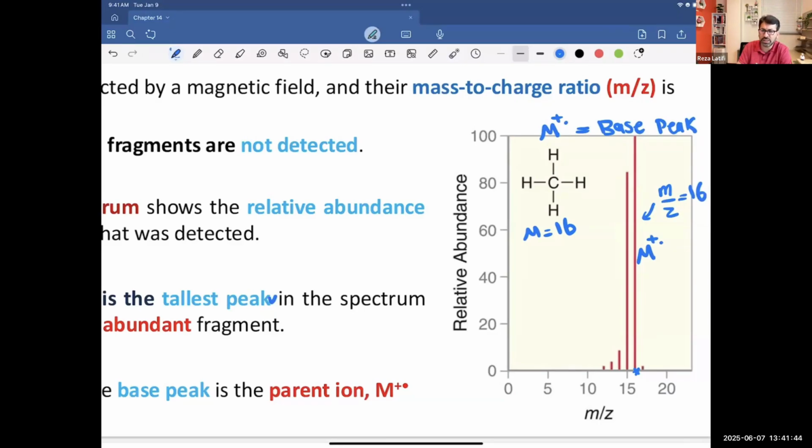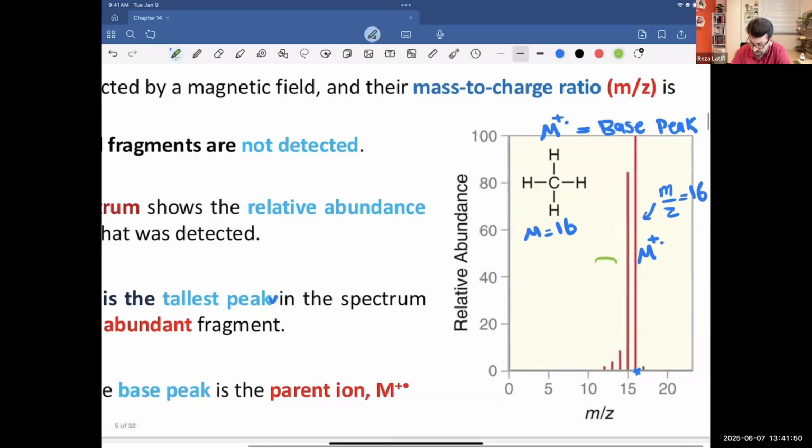The peak right before it has M over Z equal to 15, and the difference between this peak and the base peak is just 1 unit. The way we show it, we say it is technically the molecular ion peak, but it's missing 1 unit. And so I'm going to show it by M-1.